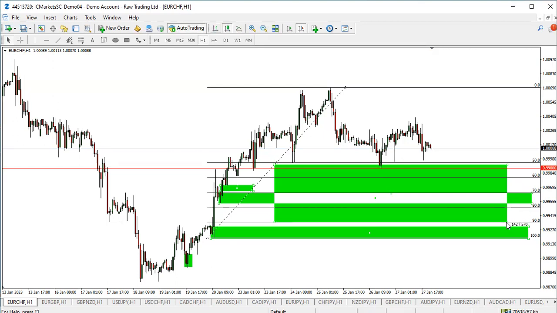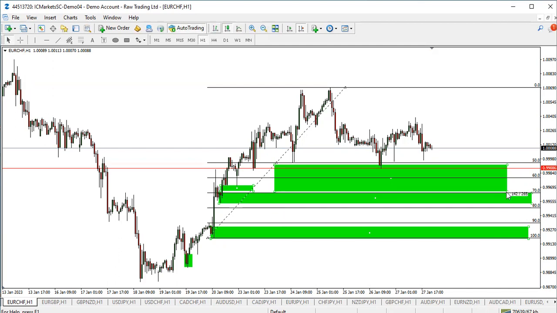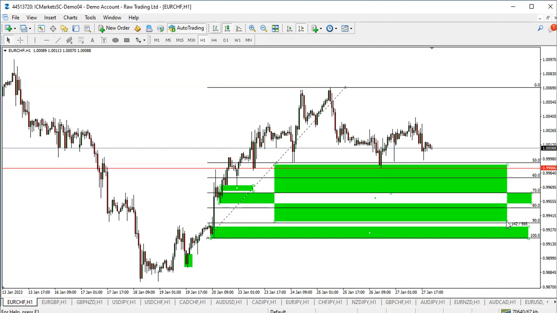This is where your area of liquidity should be. But the best areas of liquidity are between 50 to 70, but you can trade between 50 to 90.